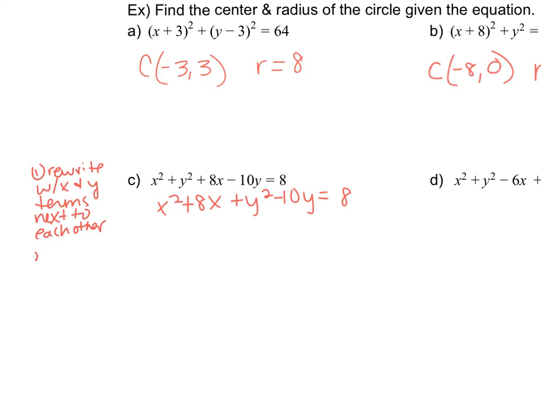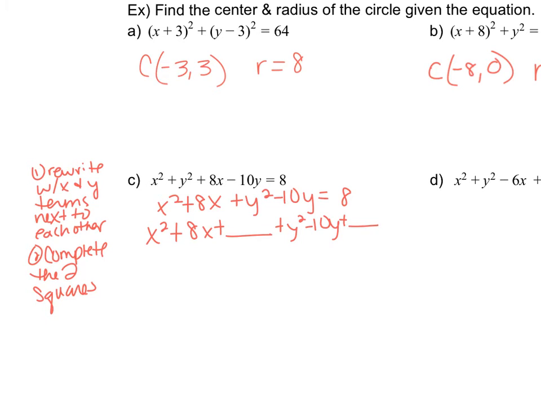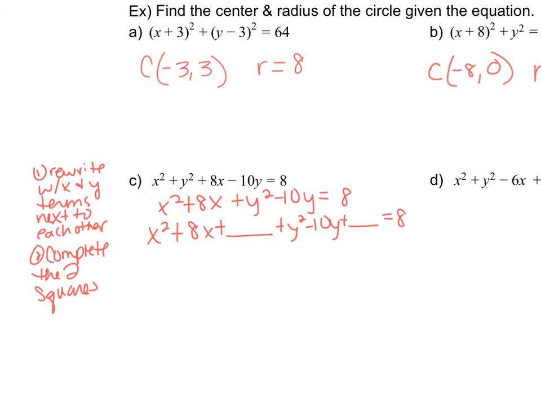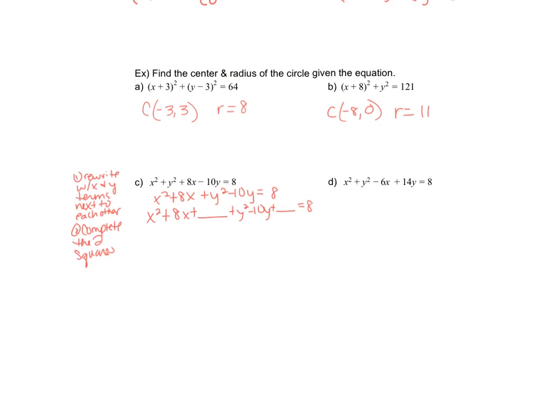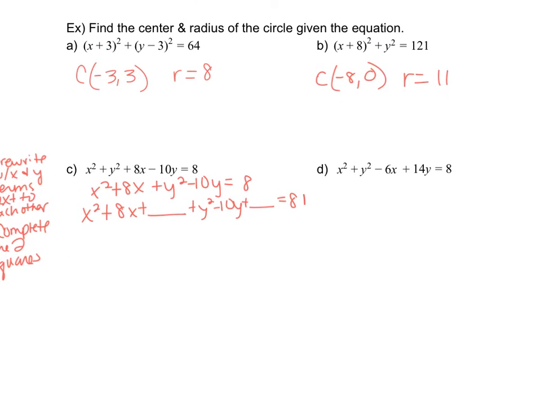Now we're going to complete the square, there's two of them, two squares. It's kind of fun. So this is going to be x^2 + 8x, I'm going to leave a space, plus something, plus y^2 - 10y plus something equals 8 plus something, because we're completing the square twice, so we're going to have to add two things. Let's write that in there so we don't forget.